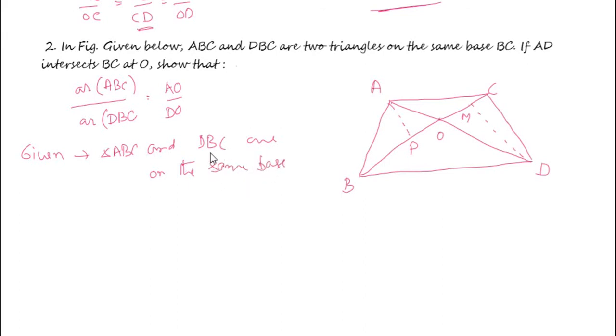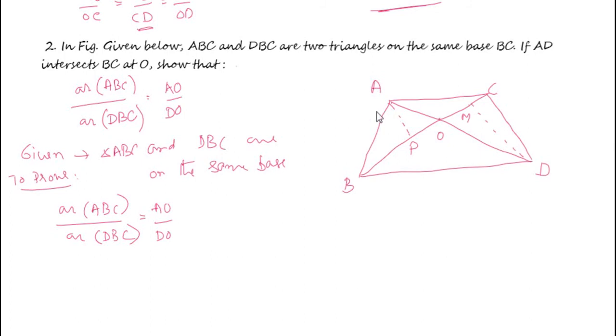Base BC, triangles ABC and DBC. Now we need to prove that area ABC divided by area DBC is equal to AO by DO.